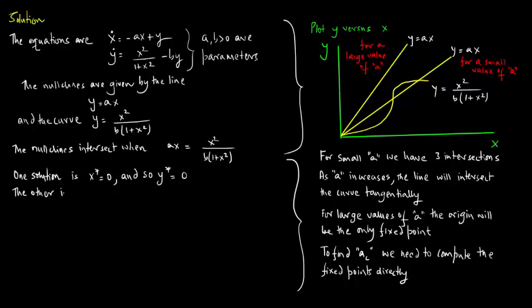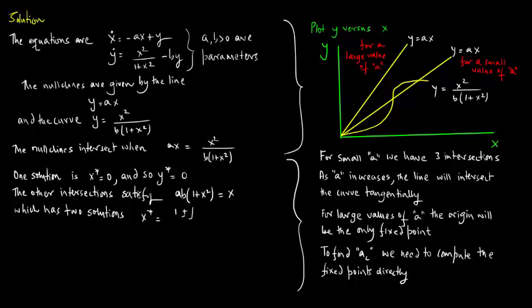And the other intersections satisfy ab times 1 plus x squared is equal to x, which actually has 2 solutions. x star is equal to 1 plus minus the square root of 1 minus 4 a squared b squared, divided by 2ab.